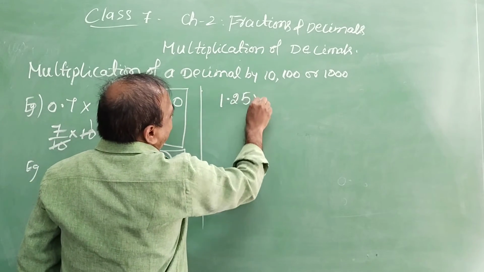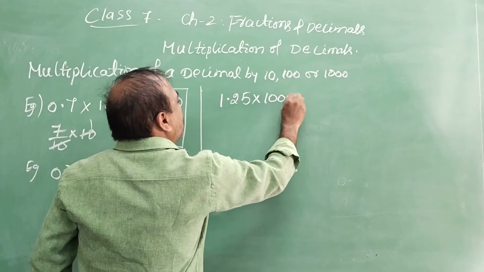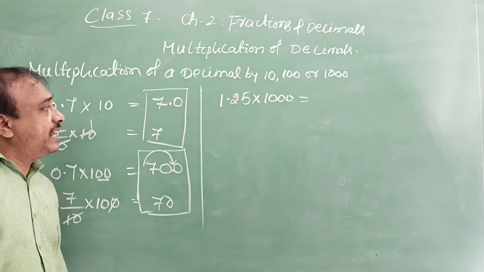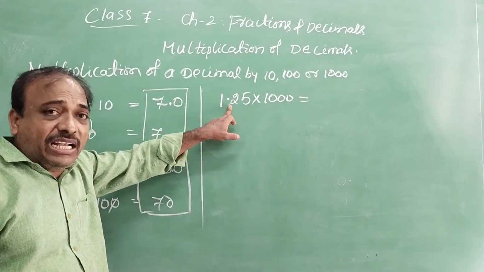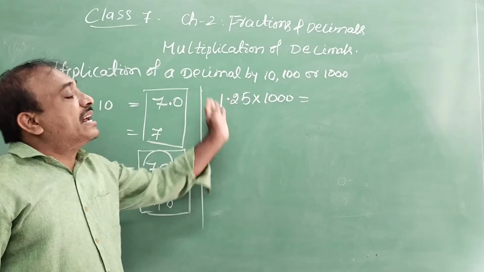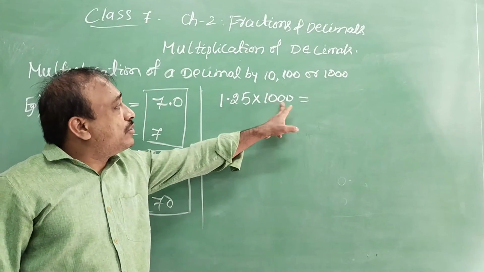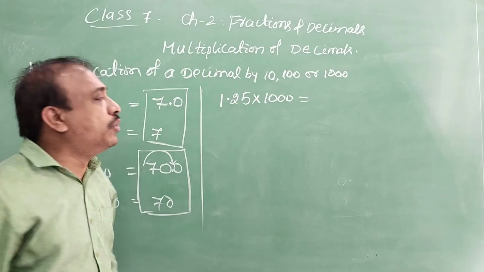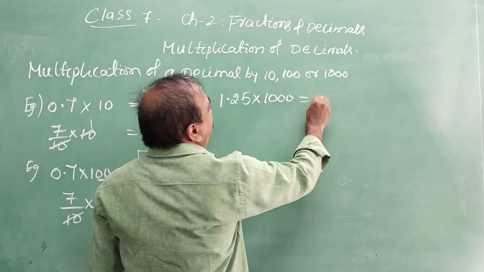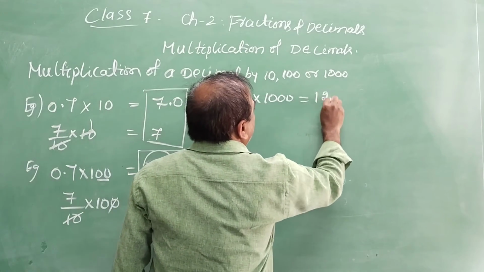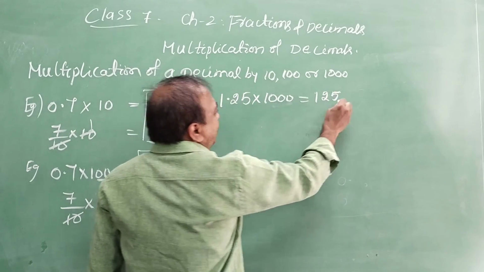1.25 into 1000. This decimal point will move towards the right. How many zeros are there? That many places it will move. Observe it. First you write 1, 2, 5, then write all 3 zeros.